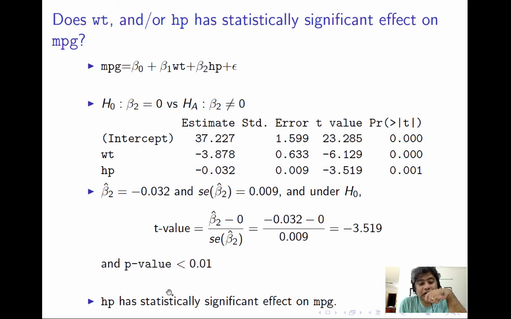Horsepower does have a statistically significant effect on miles per gallon. So if you have a higher horsepower engine, then your miles per gallon, the mileage or fuel efficiency of your car, will go down.